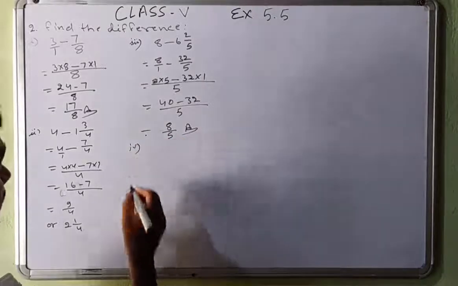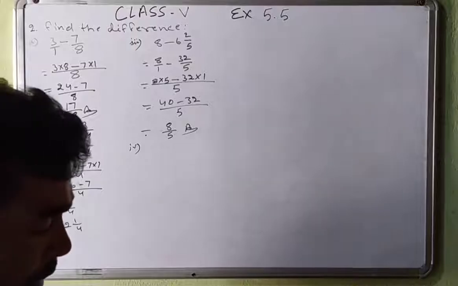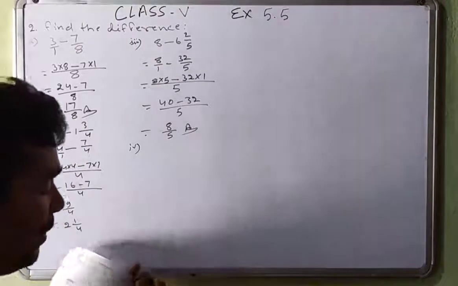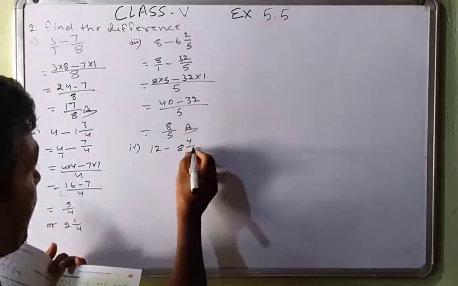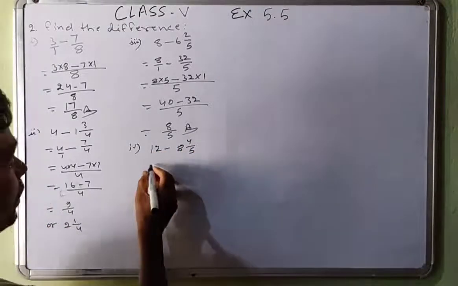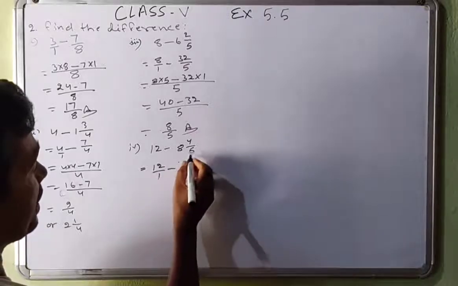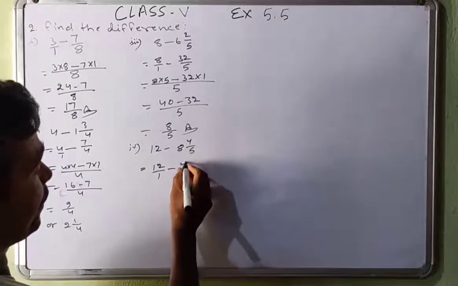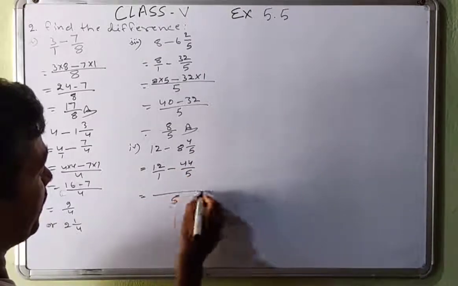The fourth part is 12 minus 8 whole 4 upon 5. So this one also, 12 upon 1 you can write, minus 8 fives are 40 plus 4, 44 upon 5. And then the LCM is 5.